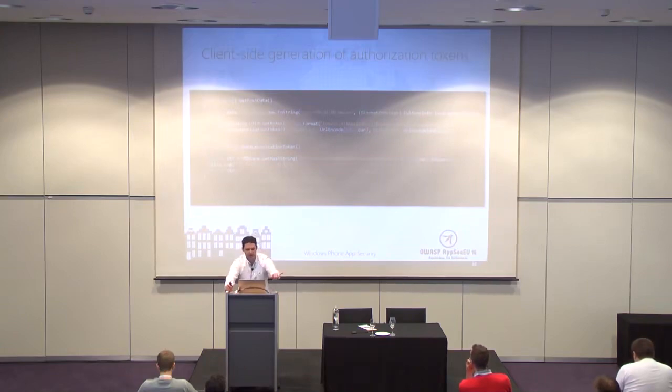This string is concatenated with a parameter that can be tampered with, and the resulting string is hashed with the MD5 algorithm and used as an authentication token. As I told you before, the attacker may download the app, reverse the logic, and forge valid authorization tokens in order to violate the security of the backend.